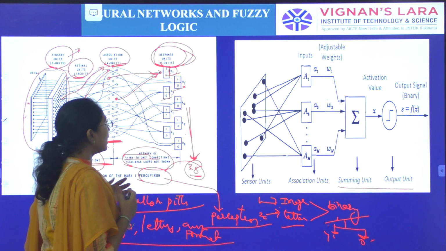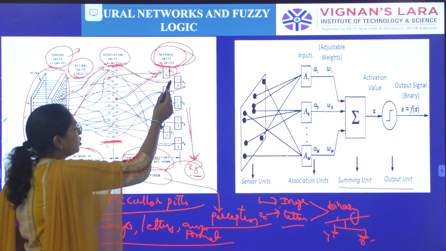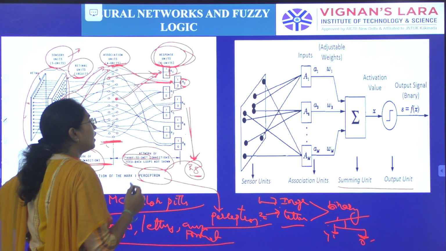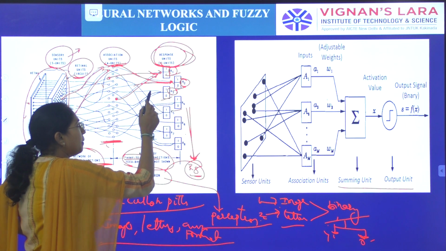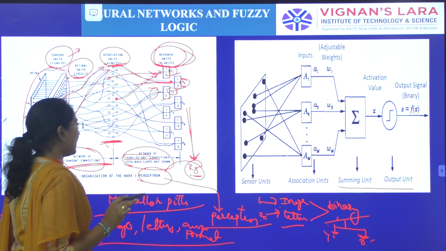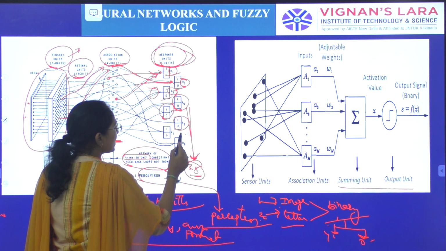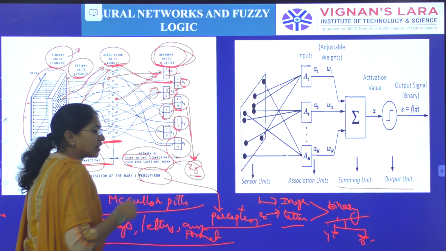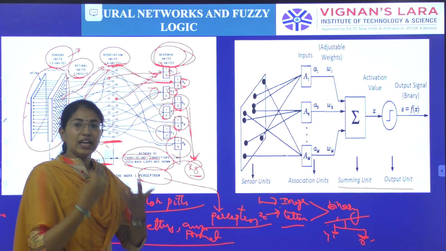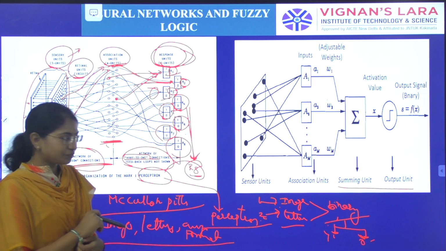In the same way, you will get 1 or 0 at response 2, response 3, response 4, and response units 5, 6, 7, 8 by obtaining inputs from the association unit. We have considered 8 response units in this example. You can consider n number of response units based upon your load requirement.